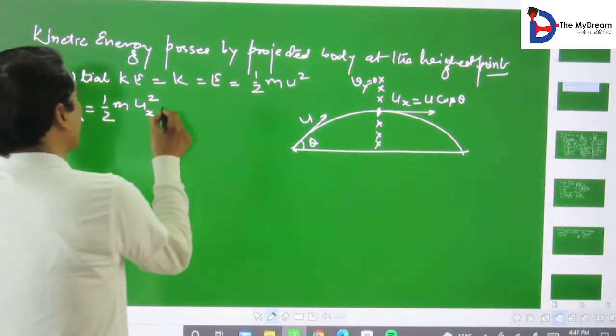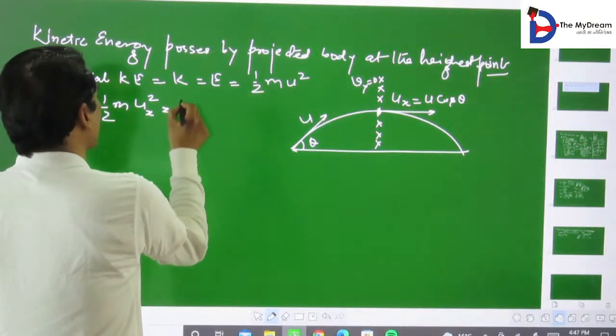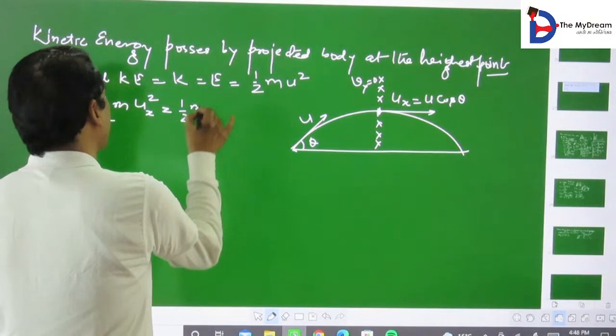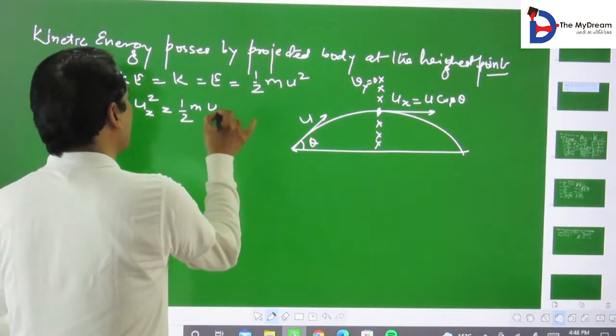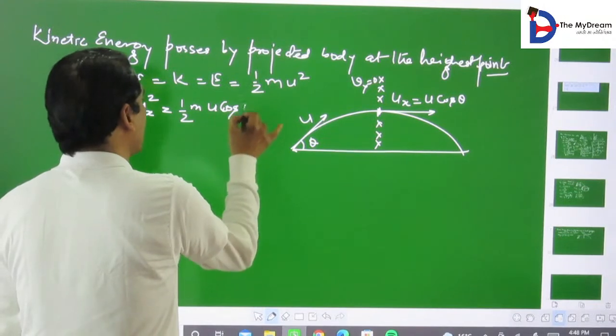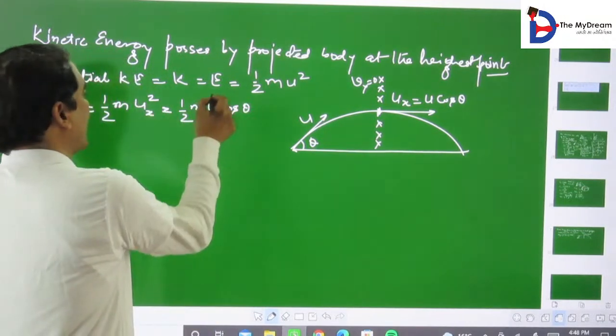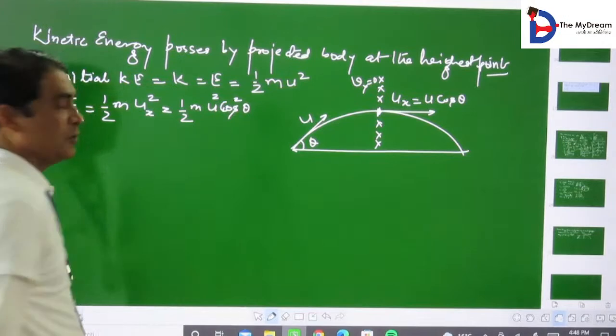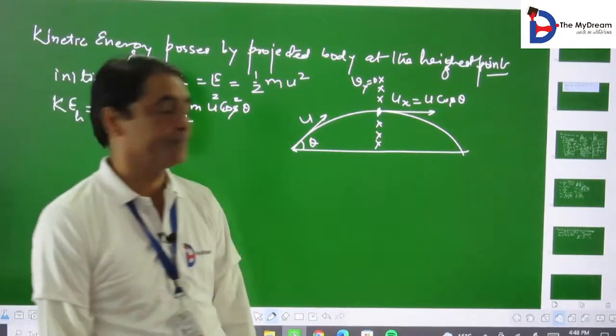And you see, half m u_x, that is u cos theta, and there is a square, so you can write down u square cos square theta.